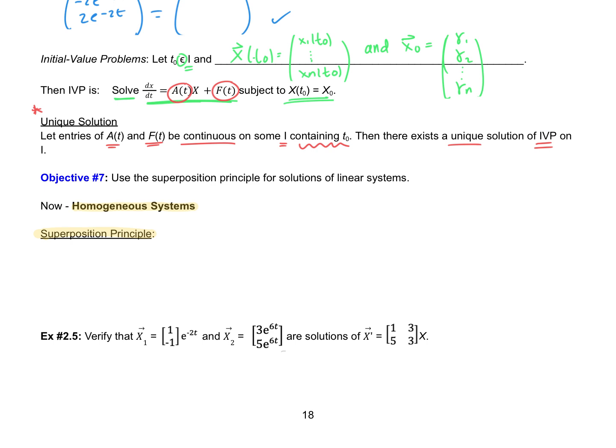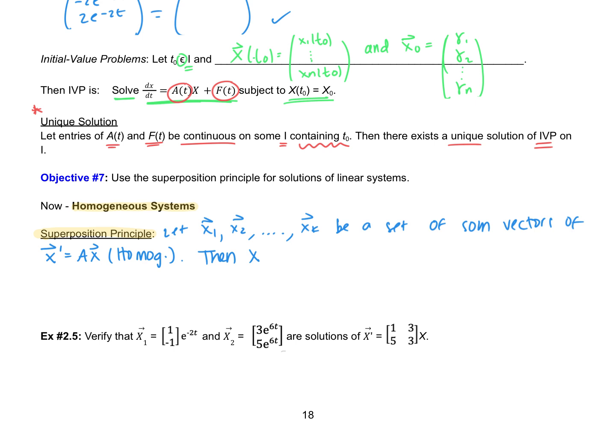So the superposition principle says, let x1, x2, all the way up to xk be a set of solution vectors of the equation x prime is equal to A times x, so that is a homogeneous system.